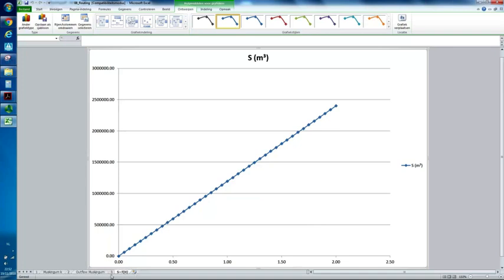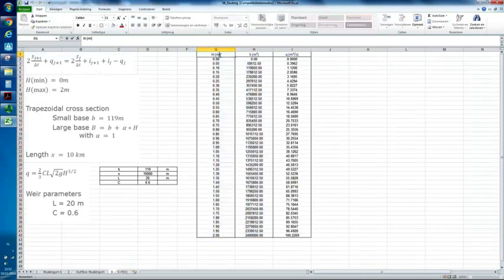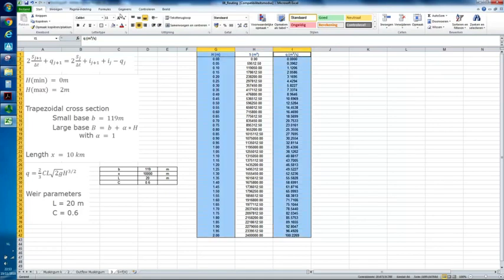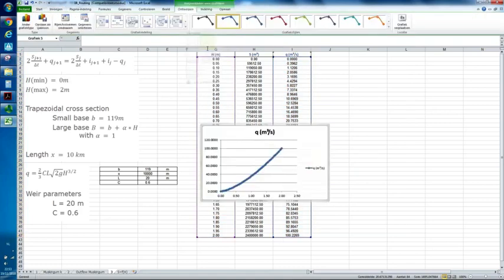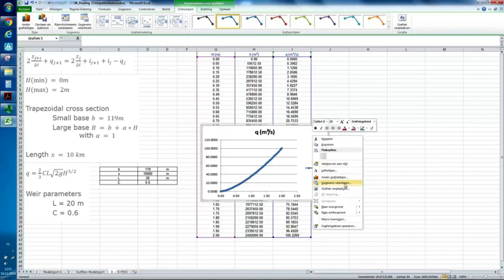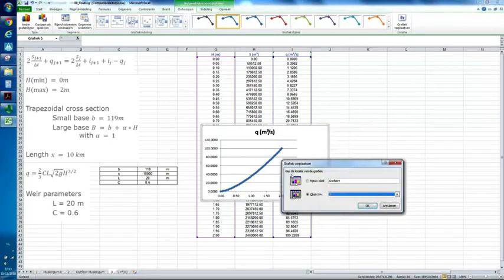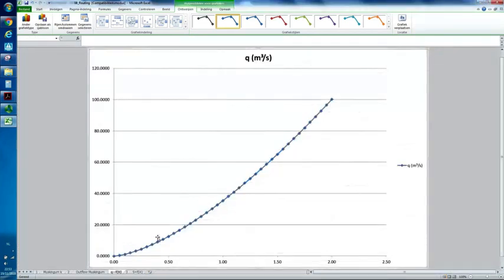Similarly, we can also make a graph for Q as a function of H. So again, a scatter plot. That's not a linear one, of course. And this would be Q is equal to function of H, like this.